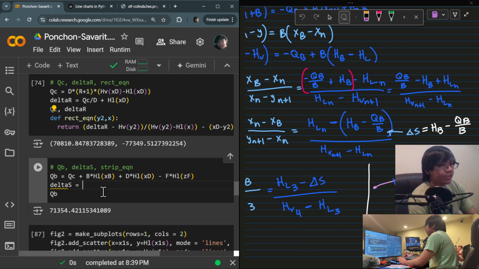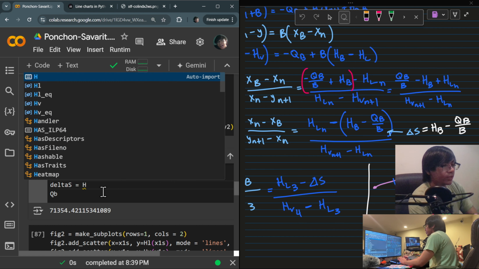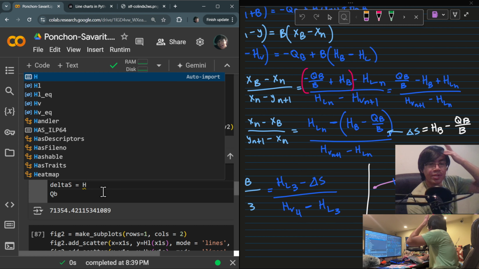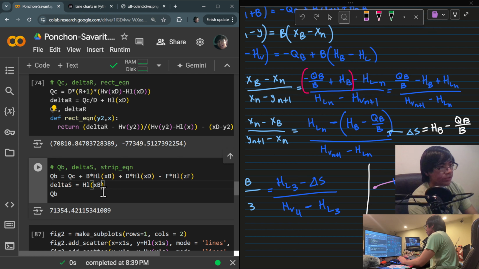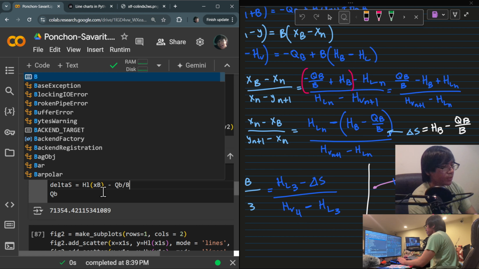So delta S, we have HB again, the bottoms enthalpy associated with that bottoms composition we're taking out. So that's another liquid enthalpy. We interpolate at the bottoms, and we subtract our very big number, QB, boiler power associated with our bottoms. So that's joules per mole.